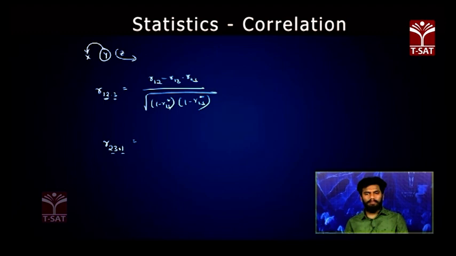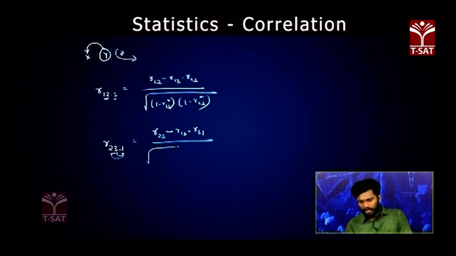It will be equal to R23 minus R12 into R31 divided by under root 1 minus R12 square into 1 minus R31 square.